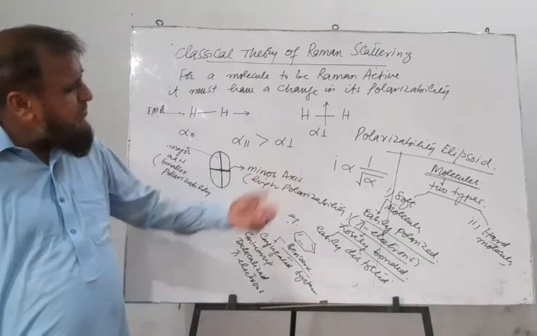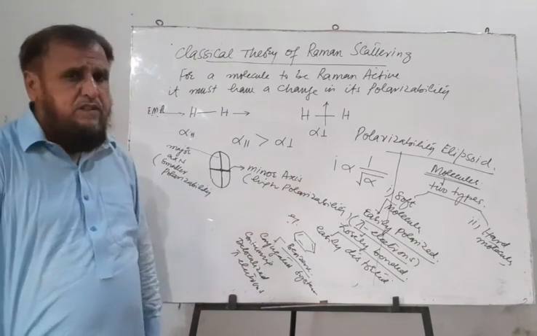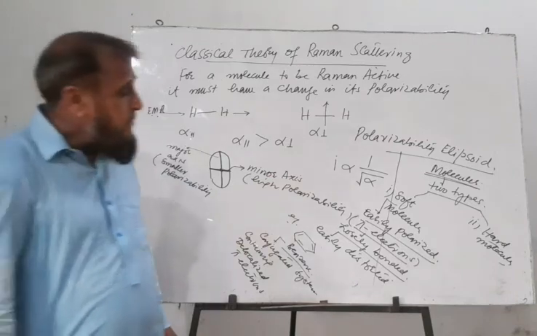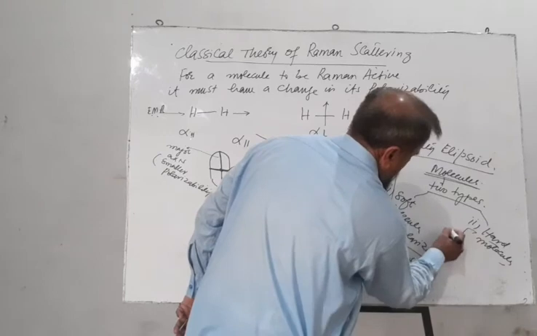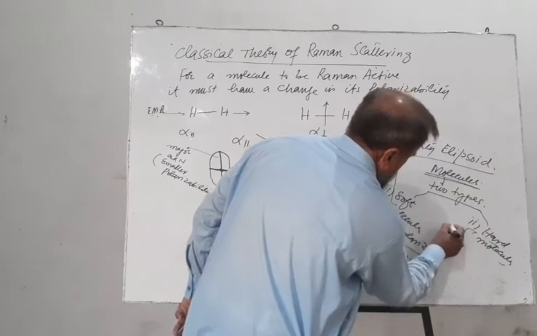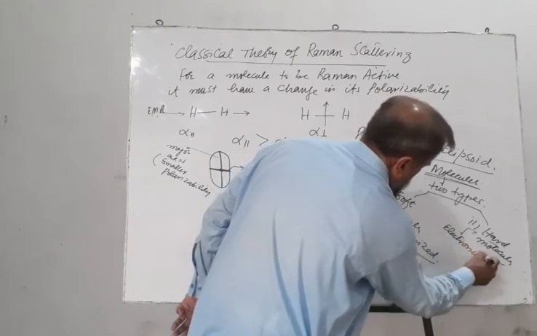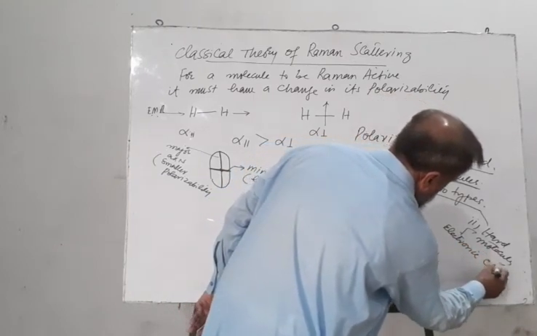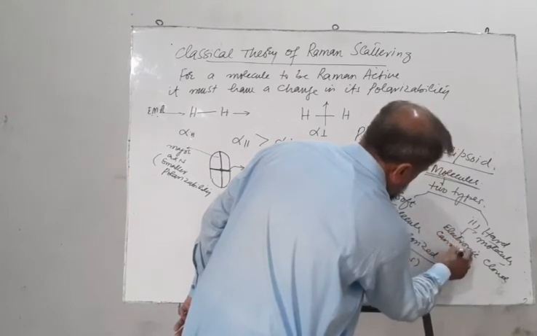The second type of molecules are those called hard molecules. These are the molecules in which the electronic cloud cannot be easily distorted.